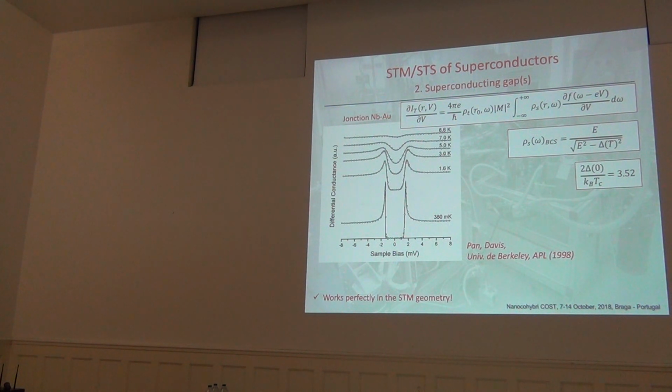At that time the tip was superconducting and the sample was gold. What you see here is a set of experiments at different temperatures. The points are experimental data, and the solid lines are just BCS fits with no free parameters. So you see that STM is just a solid tool for the gap. The only problem is that this is the only example where it works so nicely.